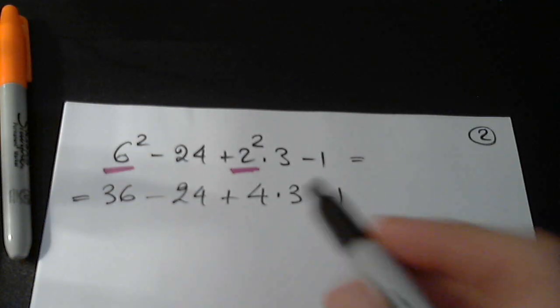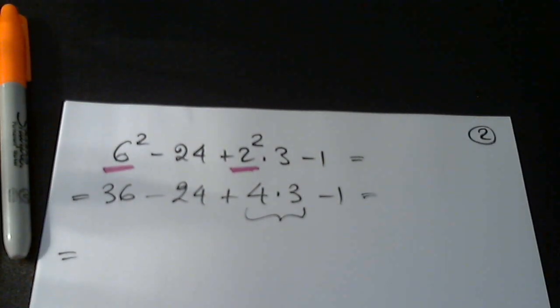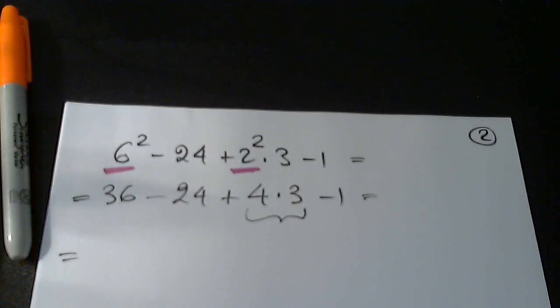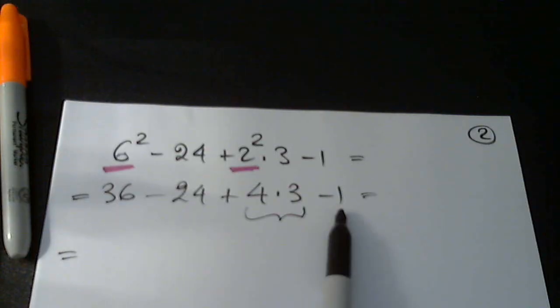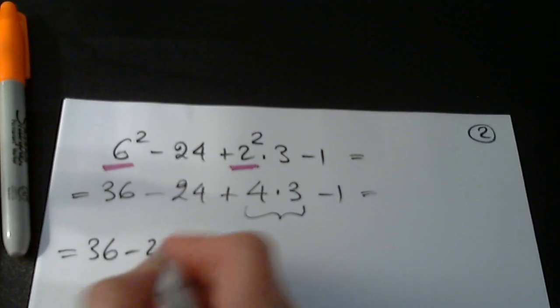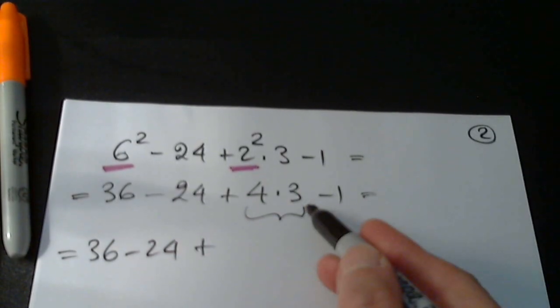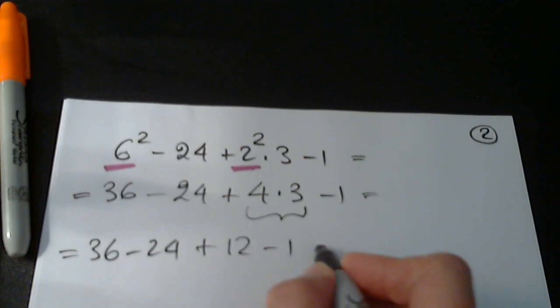Multiplication. Yes, which is this. Later on, when you get more comfortable with these, I would allow 36 minus 24 minus 1. They can be done at the same time, but let's stick with our rules. So 36 minus 24 plus 4 times 3, anyone? 12. Very good, minus 1.